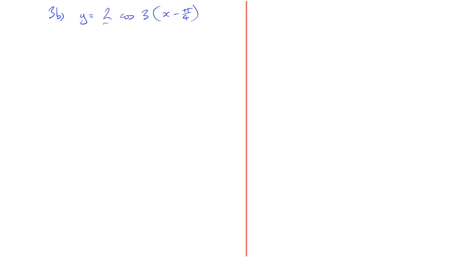First thing is 2 is the amplitude, 3 is the period change, and minus 4 means that it's moving pi on 4 to the right. So if I do my little sketch, and I know that it has a period change, so the period equals 2 pi on 3. So it's reducing the period by 3.